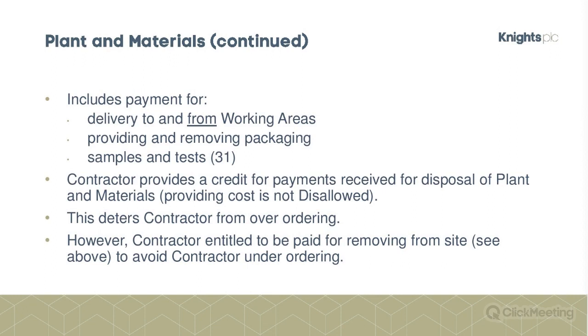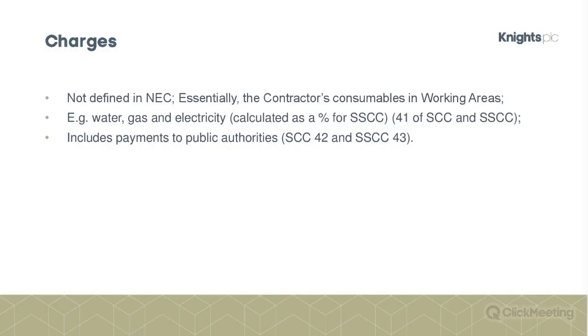Nice examples of how detailed this list of items is that you can claim for. Again, checks and balances: the contractor provides a credit for payments received for disposing of plant and materials. That's meant to deter the contractor from over-ordering, but equally, as part of this checks and balances, the contractor is entitled to be paid for removing stuff from a site where it hasn't unreasonably over-ordered.